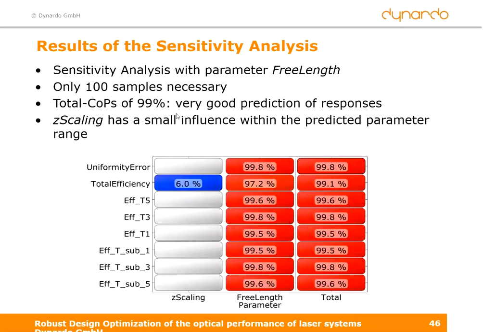Before, with these 5 length parameters, we needed more samples to get nice models. And we can also say that the set scaling has only a small influence in general on all these responses. These are actually the efficiencies for each transmission, and we see that set scaling has a small influence on this.